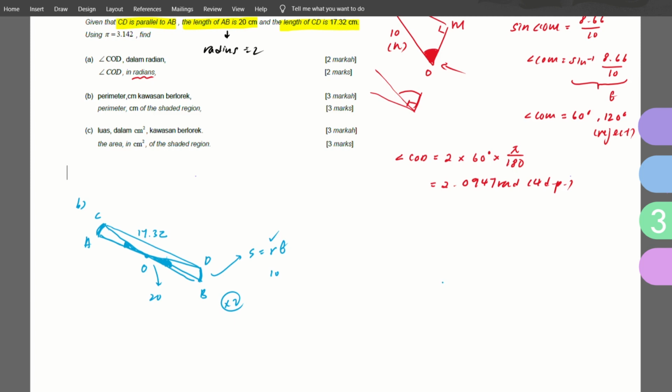In part A, we already calculated the angle COD. Red and blue together is actually 180, but since this one is in radian form, we need to use pi, and we minus out the red part, which is 2.0947. Since there are 2 parts, we just have to divide by 2.